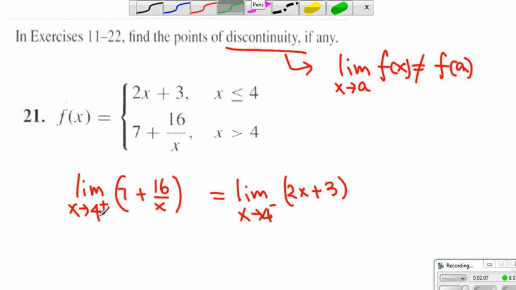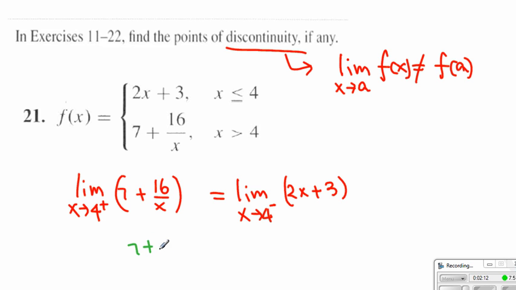Plugging in 4 here, we get 7 plus 4, and here it becomes 8 plus 3. So 11 is on each side, and it is continuous when x equals 4.